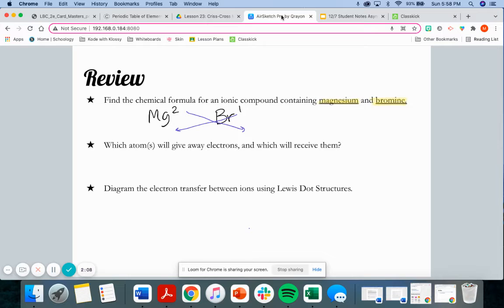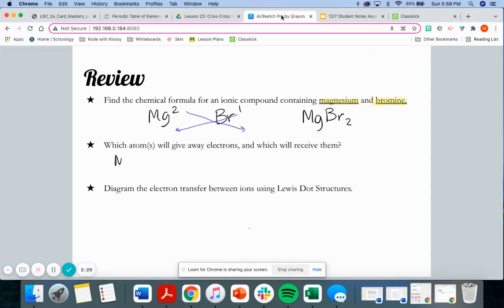And my final chemical formula becomes Mg1Br2 as a result, but I can erase the 1 and have my final answer just be MgBr2 because the 1 is implied that there's 1 atom of magnesium per molecule of this compound.